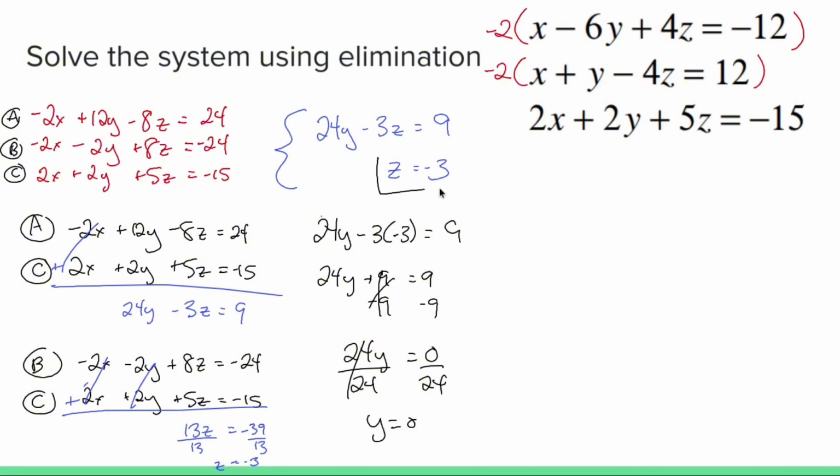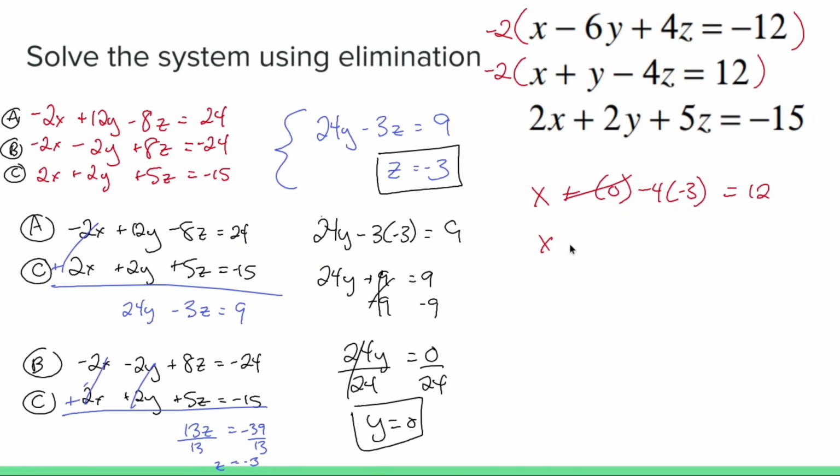So I have z is negative 3, I have y is 0, I need x. To make my life easy, why don't I take one of these original equations, the middle one, and plug stuff in, and that'll help me find x pretty easily. So the middle equation was x plus y, which I now know is 0, minus 4 times negative 3, because z is now negative 3, that's going to equal 12.